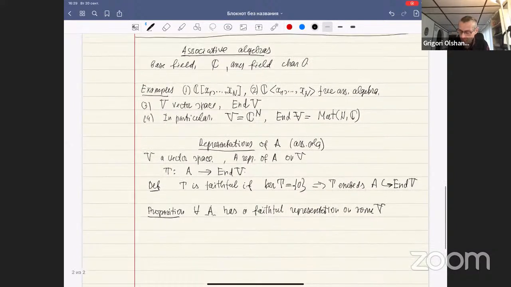First proof: assume A is unital, which means that it contains unity.